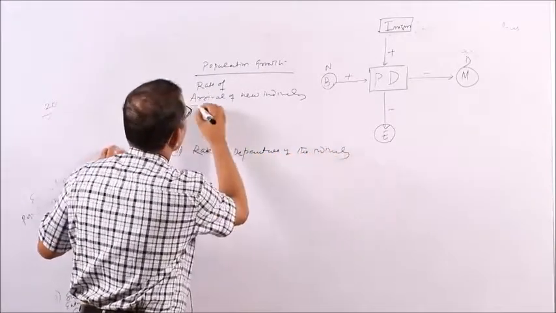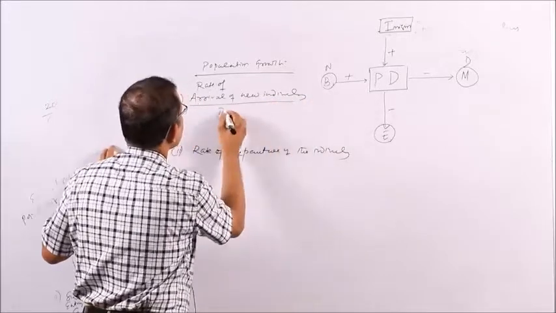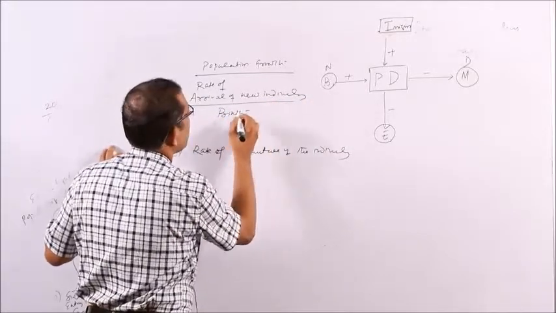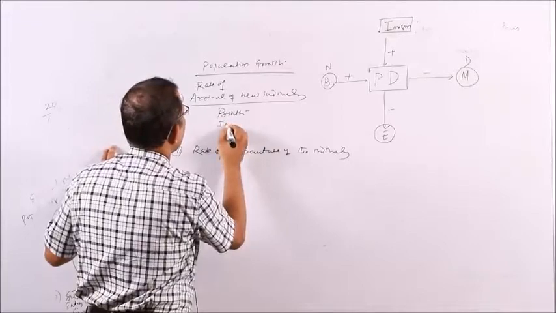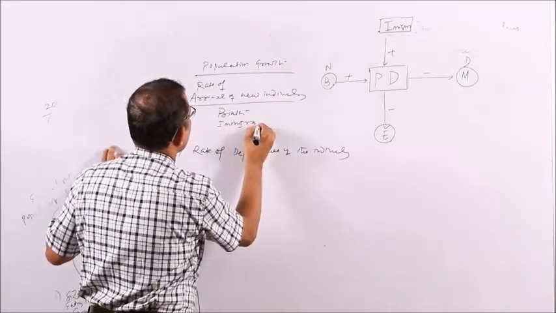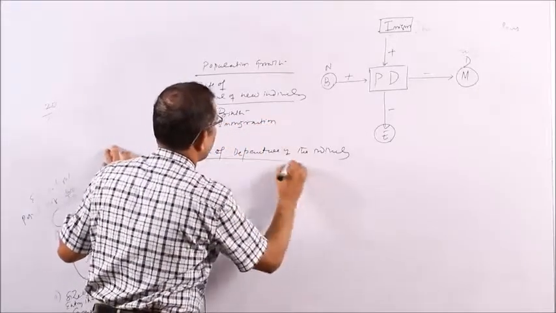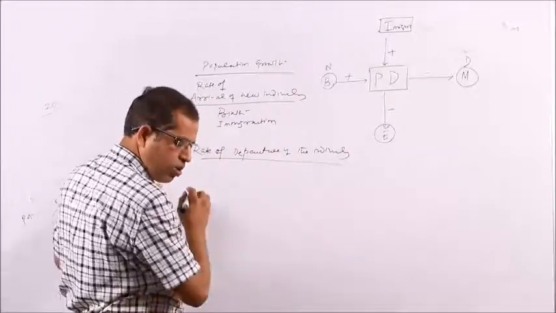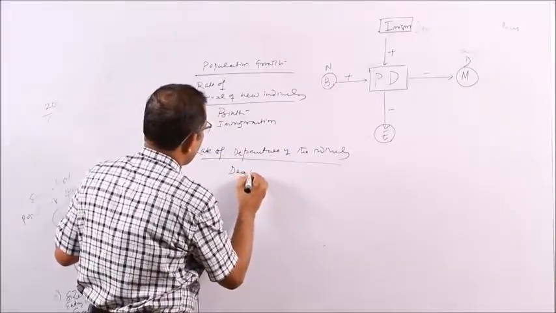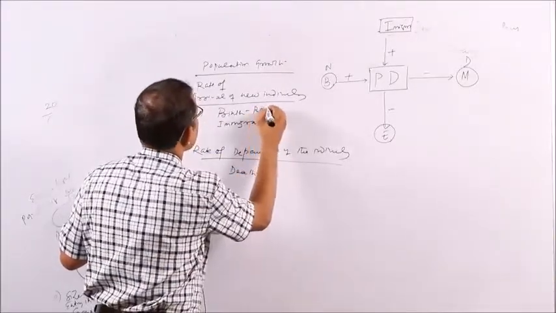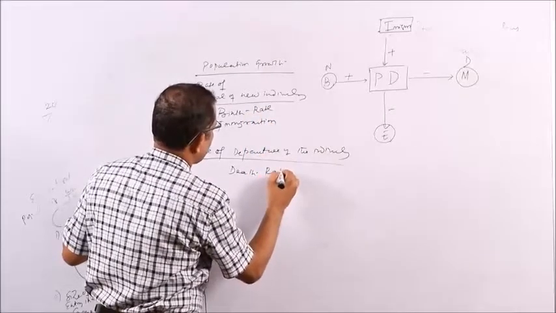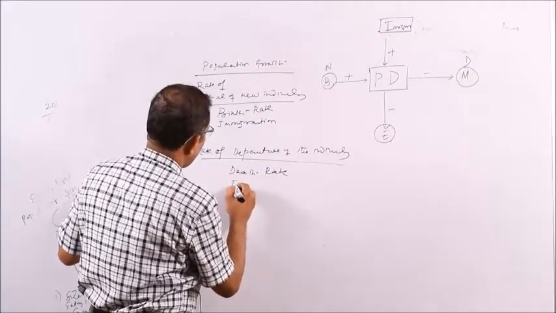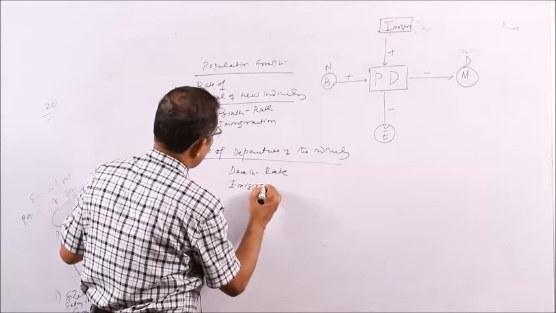The arrival of new individuals is your birth and immigration, whereas the rate of departure is your death rate and your emigration.